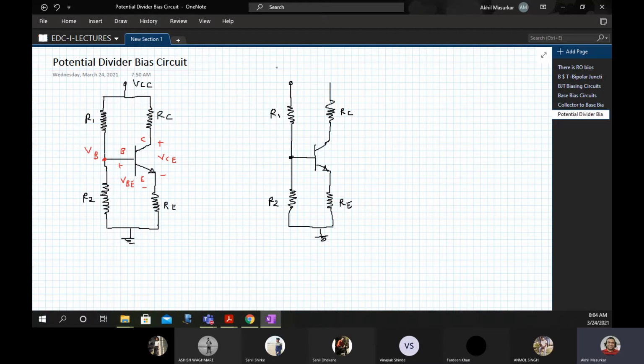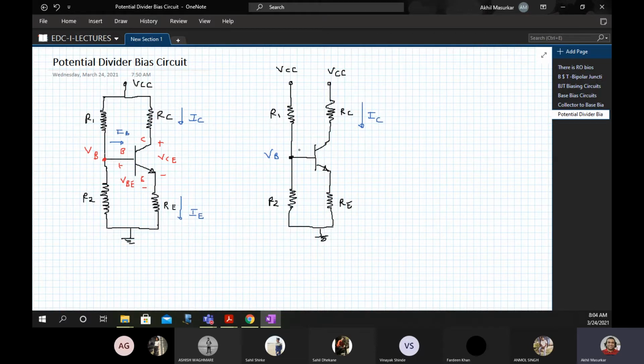You can see that both these points are connected to VCC. That is this point and this point, both are connected to VCC. I am just showing it a little bit differently. They are one and the same thing. Again this point is VB, and the collector current flows like this, IC. So what is going to flow here is IC, and IB will flow this way, and what will flow through RE is IB.